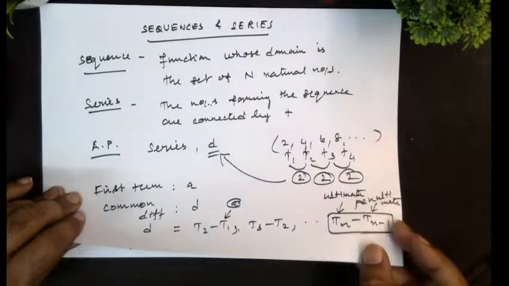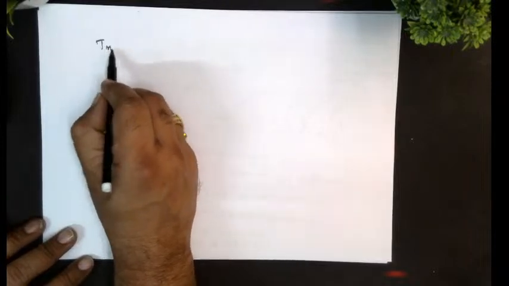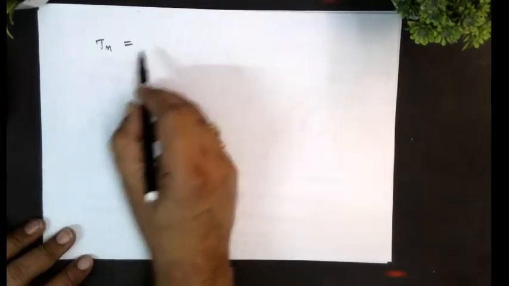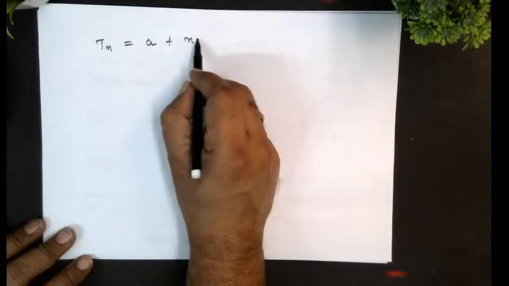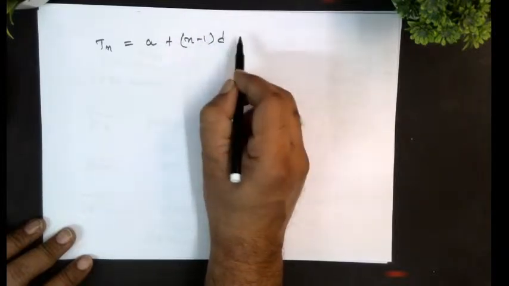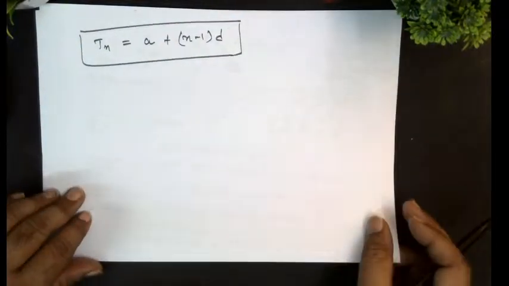And the nth term is given by a formula: the initial term plus n minus 1 into D. This is the nth term.